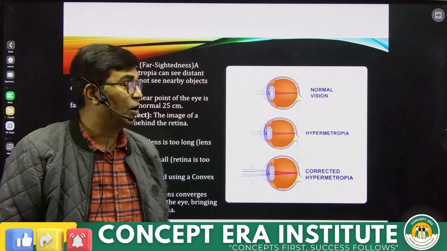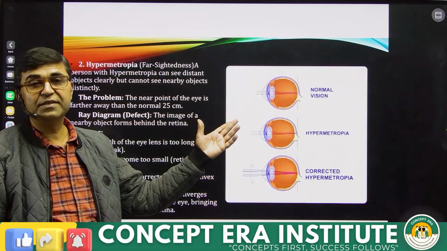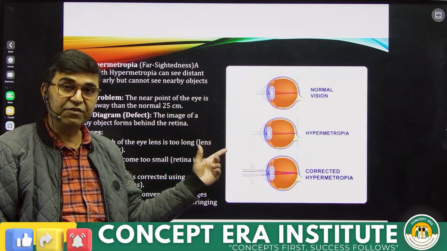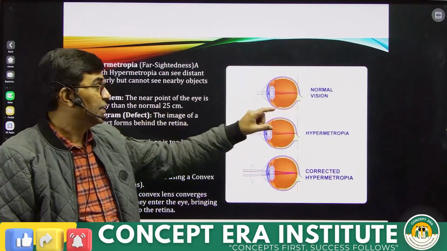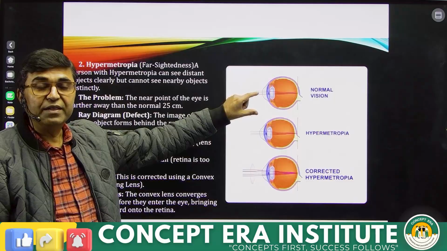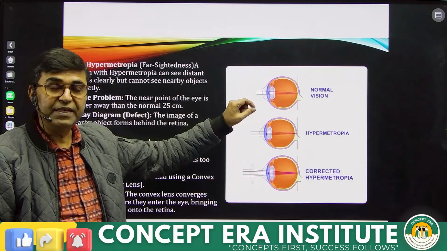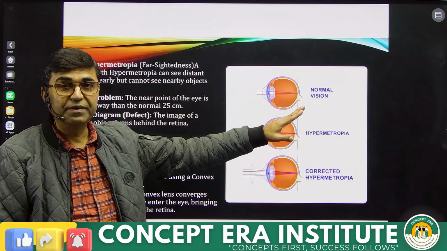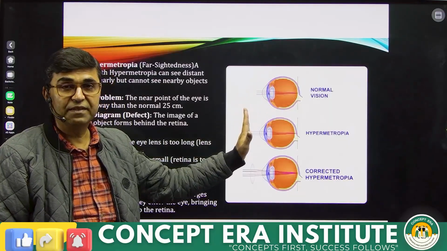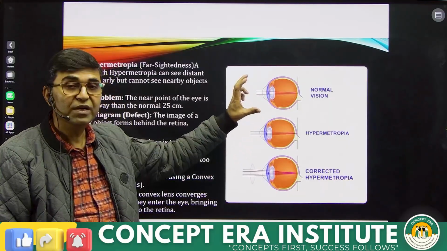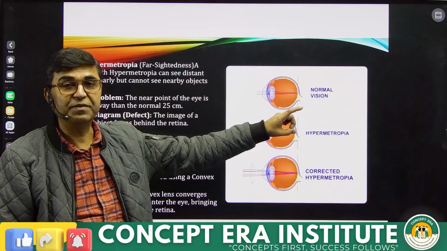What are the causes? The causes are again the reverse of myopia. One cause is that the focal length of the eye lens is more. That is, the curvature of the eye lens is less, so that it is not able to converge the rays properly.